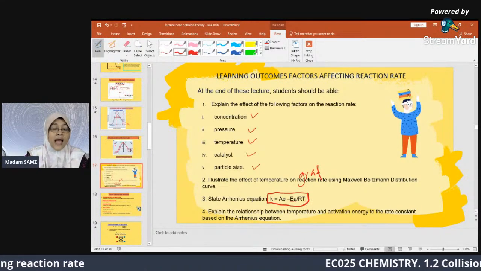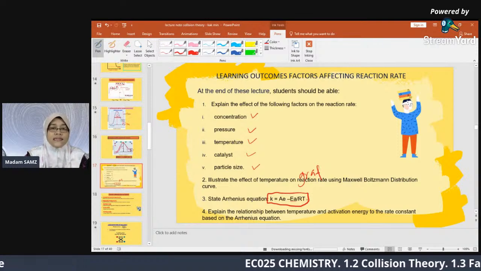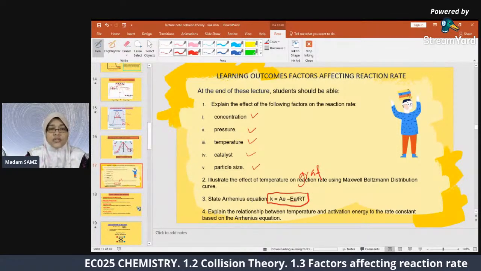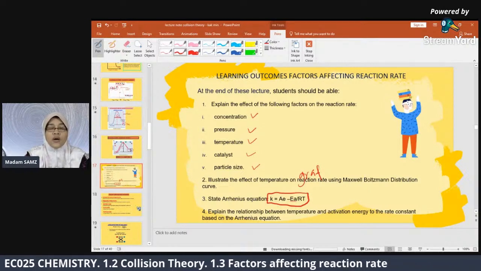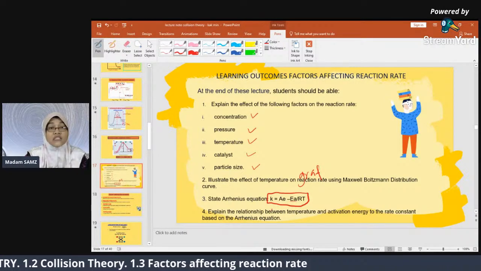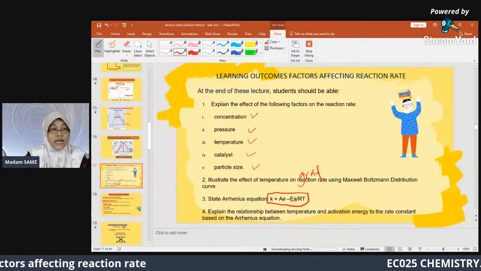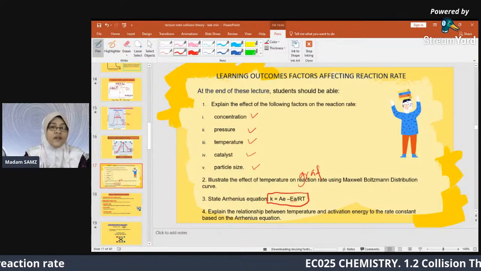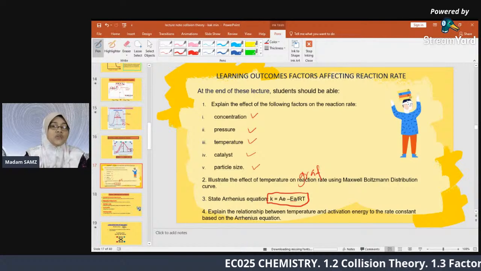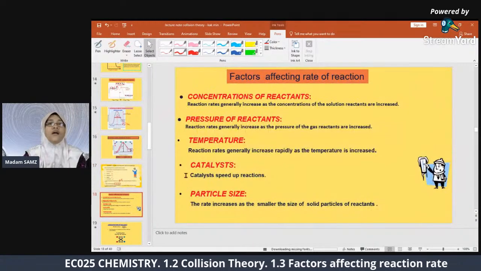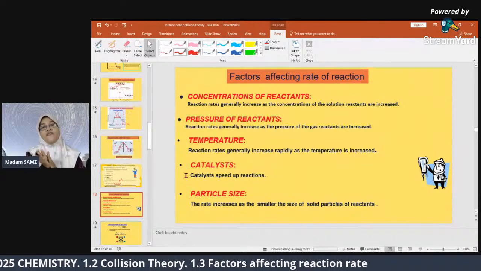I will show you what the Arrhenius equation is and when to use it. The last one for this subtopic is explaining the effect of temperature and activation energy on the rate constant based on the Arrhenius equation. All right. These are the 5 factors.